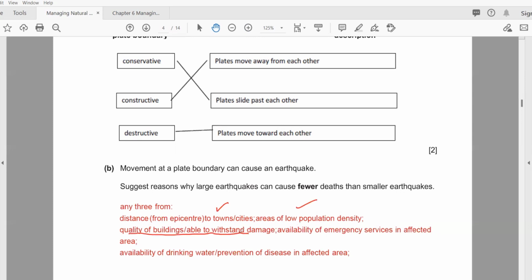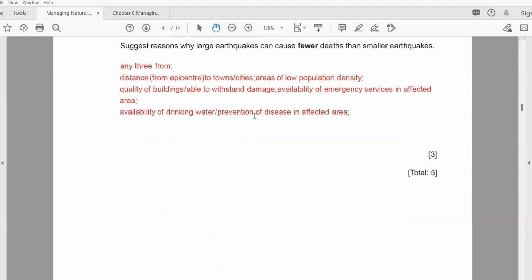Yes, if the buildings are of good quality. Availability of emergency services. Yes, the earthquake came and suddenly people came to rescue them. Availability of drinking water, prevention of diseases in the affected area. So an earthquake can be more dangerous, but if these things are there, the loss of life and property can be less. Got it? Yes. Okay.